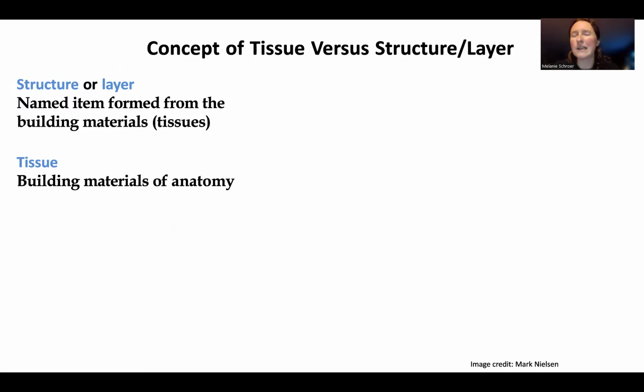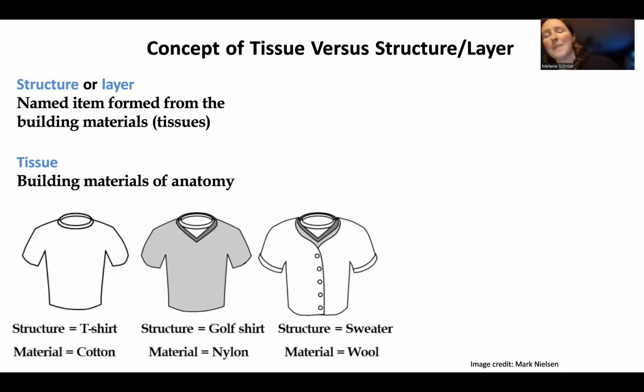It's made of all these different tissues, right? So let's think about that with some analogies. When we wear clothing, we are wearing structures, right? So we can wear a t-shirt, we can wear a golf shirt, we can wear a sweater, right? So those are the things, and there are distinctive differences between those things, right? Sweater, t-shirt, golf shirt, because of the way they're shaped.